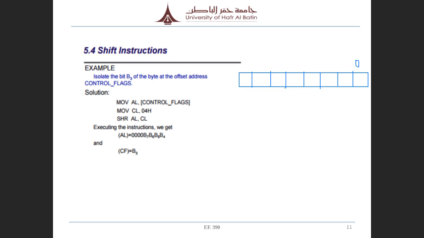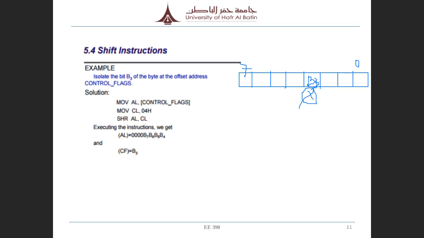This one is 7, right? Our point of interest is B3. So 0, 1, 2, 3. This one is B3. It may be 1, maybe 0. This is what we want to isolate. Just only B3. So what can we do?